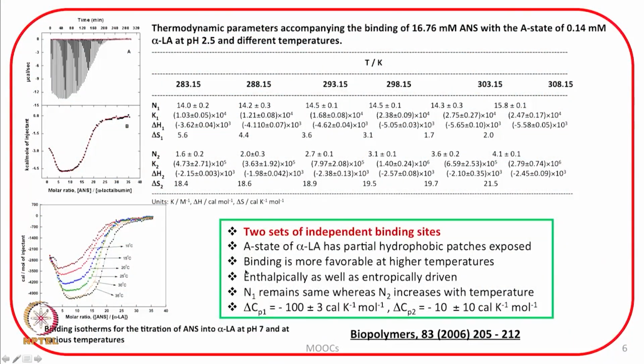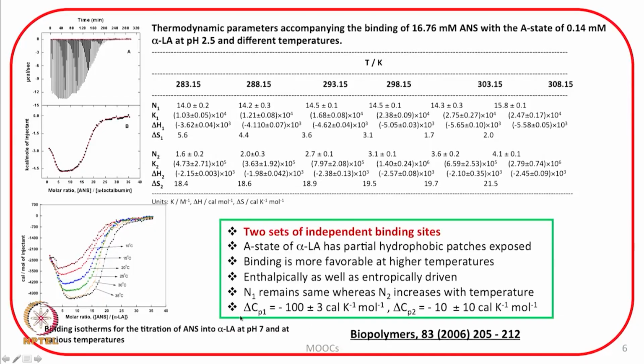The other observation which is seen in this data is that binding is more favorable at higher temperature, because the K value is increasing with increase in temperature. And then there is information on the number of moles of ANS binding with the protein.